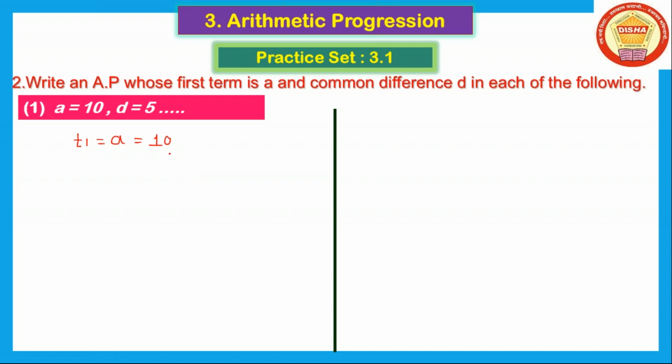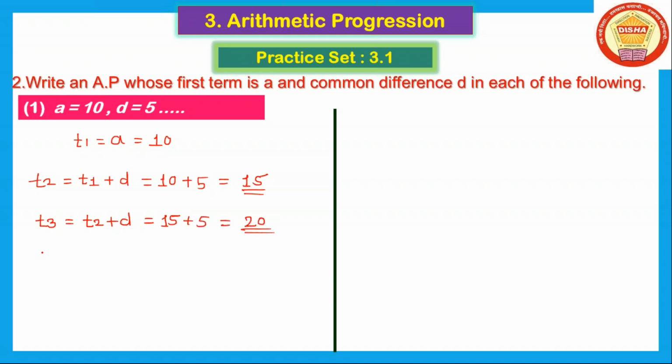Here T1 is 10. Then we find T2. For T2, we write T1 plus D. T1 is 10, 10 plus the common difference, which is given as 5. 10 plus 5 is equal to 15, so the second term is 15. Then we find T3, which is equal to T2 plus D. T2 is 15, 15 plus 5 is equal to 20.